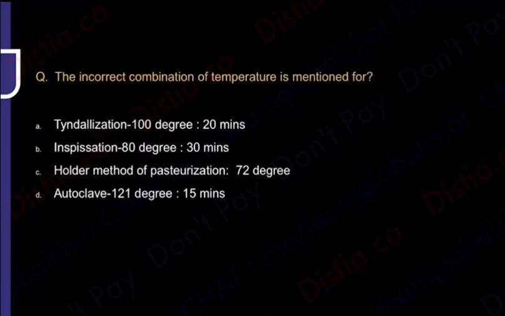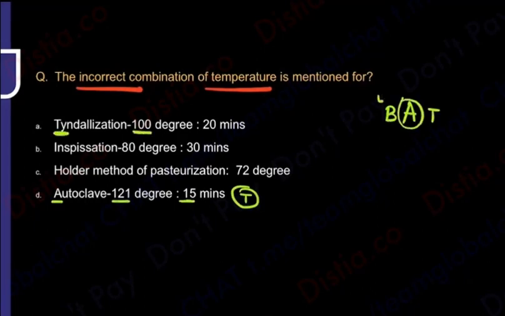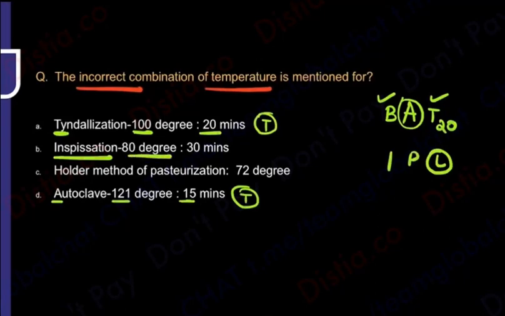Next one. The incorrect combination of temperature is mentioned for. This is interesting. So tell me, autoclave 121 degree, 15 minutes, 15 psi. Absolutely right. Tyndallization 100 degree. So at 100 degree, boiling, tyndallization. Absolutely, 100 degree. Inspissation, 80-20: 80 degree, 20 minutes, and 30 minutes would also do.